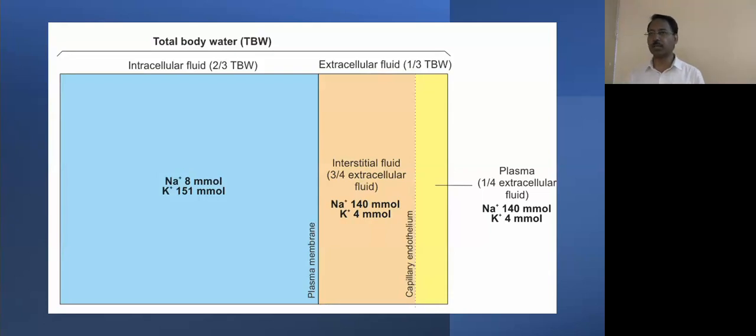One of the things that we need to understand is that whatever you are measuring in the plasma is not really a reflection of the total sodium content in the body, right? It is at that concentration in the plasma space, but it nowhere represents the total sodium content in the body. So that's something to be remembered.